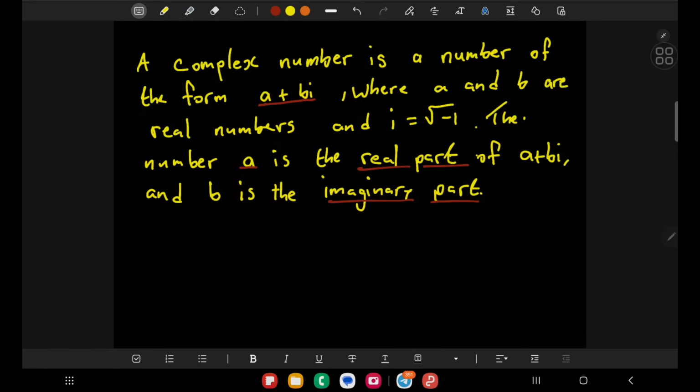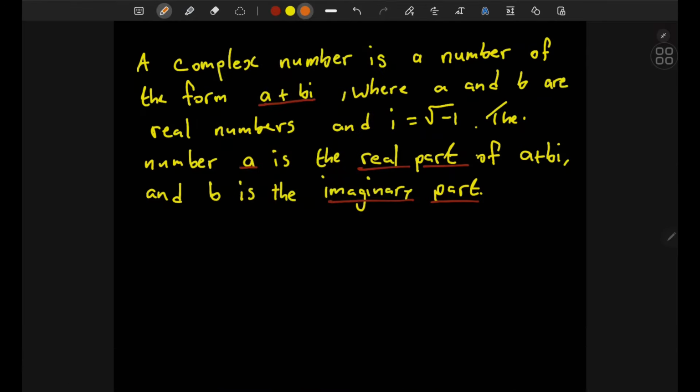So I hope that is clear. So we're saying a complex number is a number of the form a plus bi. So this part is what we call the real. The number which does not have the I is what we call the real. And the number which has the I, which is b, the coefficient of I, is what we call imaginary.